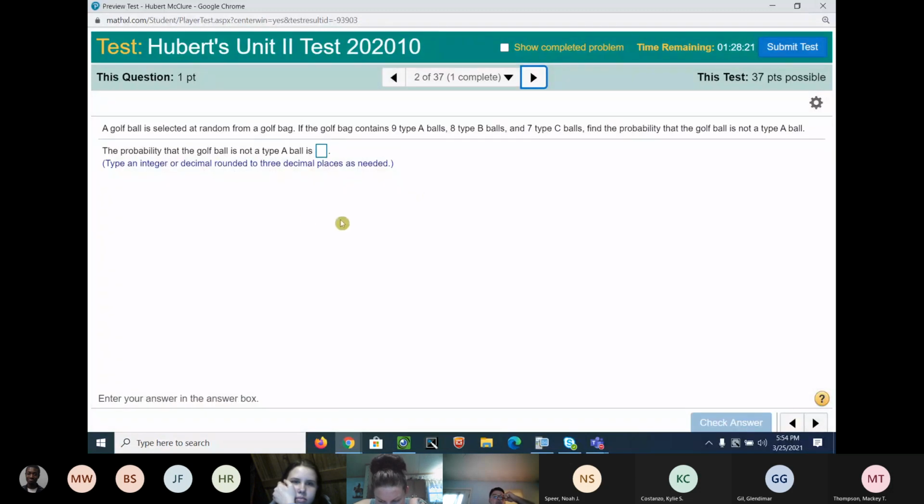All right. Golf ball. That's the marble bag. Marble, not Marlboro. Marble. A golf ball is selected from a golf bag. If the golf bag contains 9, 8, and 7, okay, I'm just going to compare this to our marble bag.